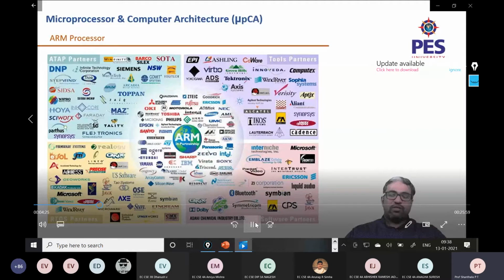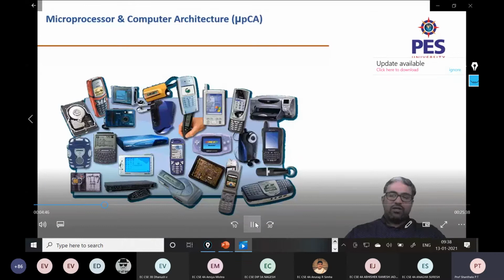They don't come with the fabrication; they get the core on which they can build. But the core is the same, that is, the instruction set is the same. So the programming for all these devices will be the same. Once you learn any ARM processor, you can code for any of the devices listed here.